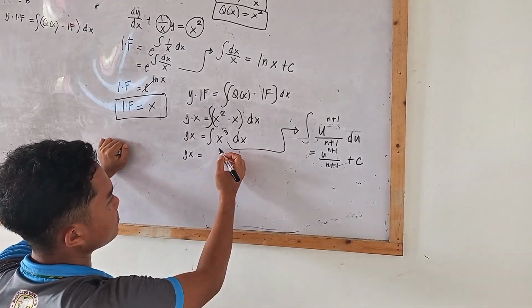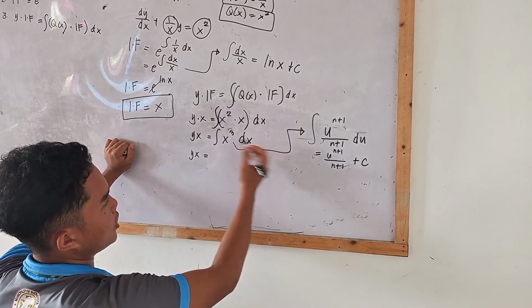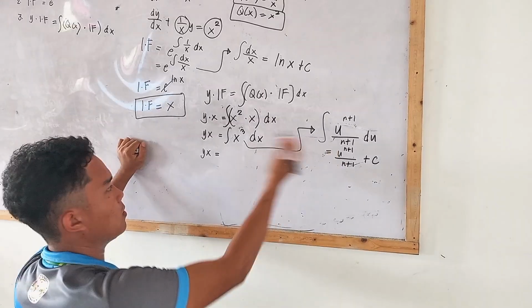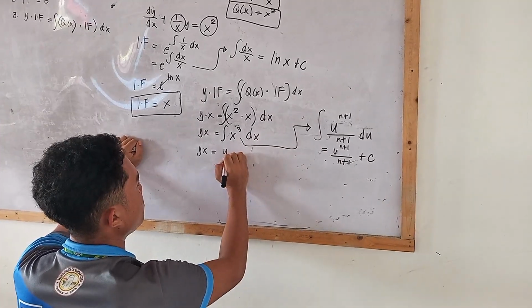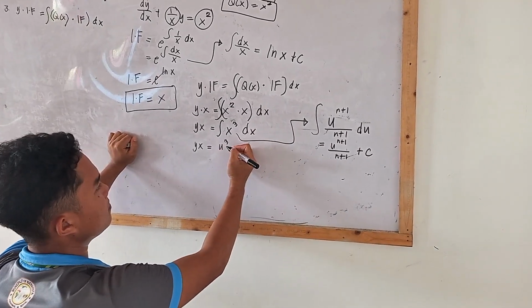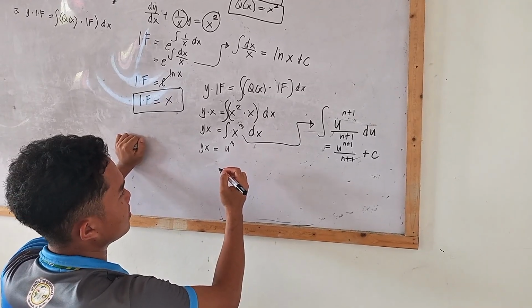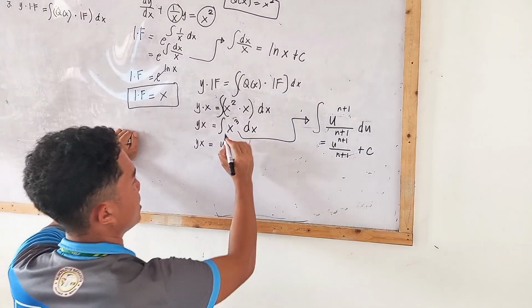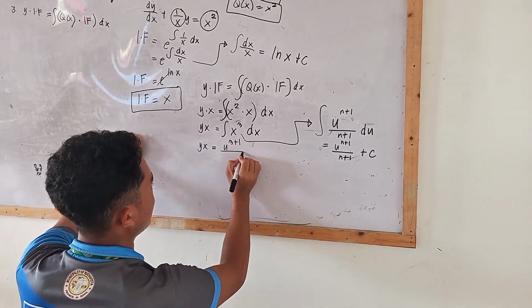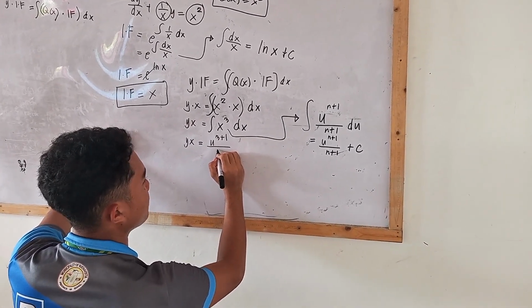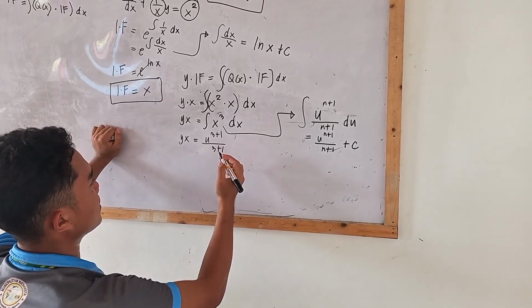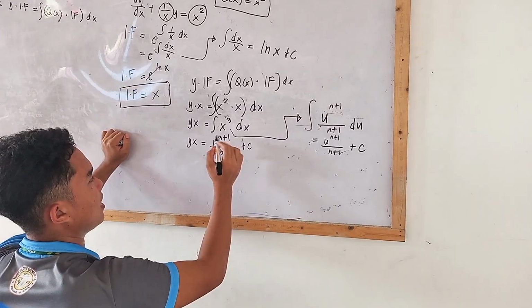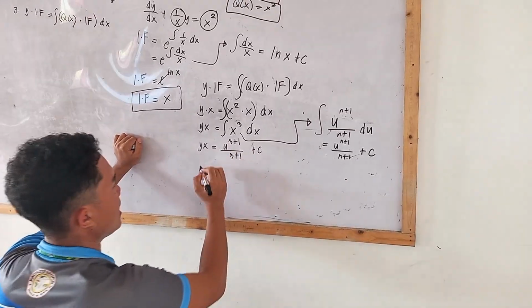Assume that our x in this equation will serve as our u here. So u cubed, then apply the rule of an exponent, which is plus 1, and below 3 plus 1, then plus c.